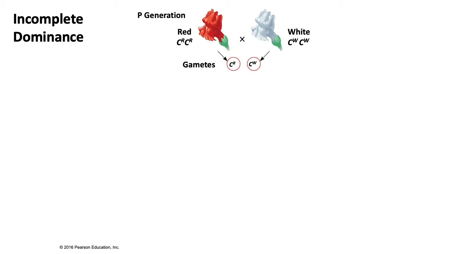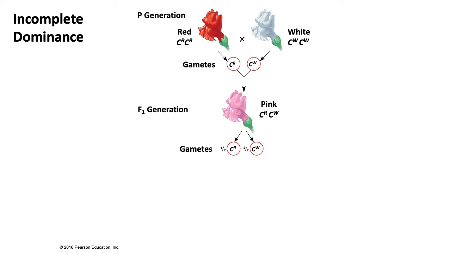In incomplete dominance, however, a mixture of the two traits is present in the heterozygous offspring. We call this an intermediate phenotype. In the case of the snapdragon flower color, an individual that has one allele for the red version of the gene and one allele for the white version of the gene will be pink.